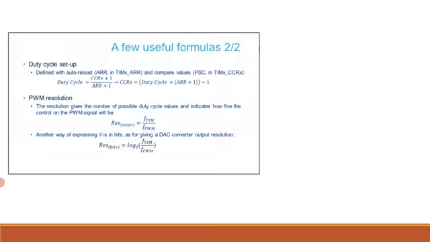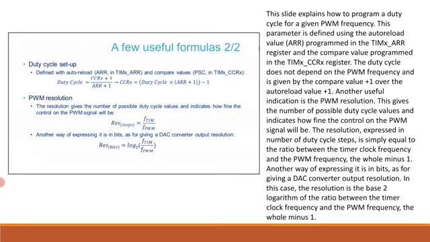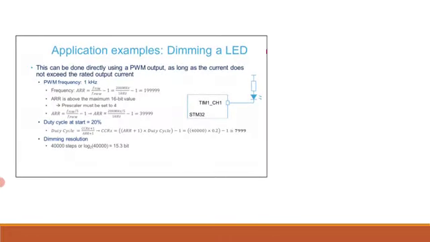Let's see a practical application example of PWM usage for dimming a low power LED. This can be done directly using a PWM output as long as the current does not exceed the rated output current, as seen in the figure. The first step is to program the frequency to be set to 1 kHz.